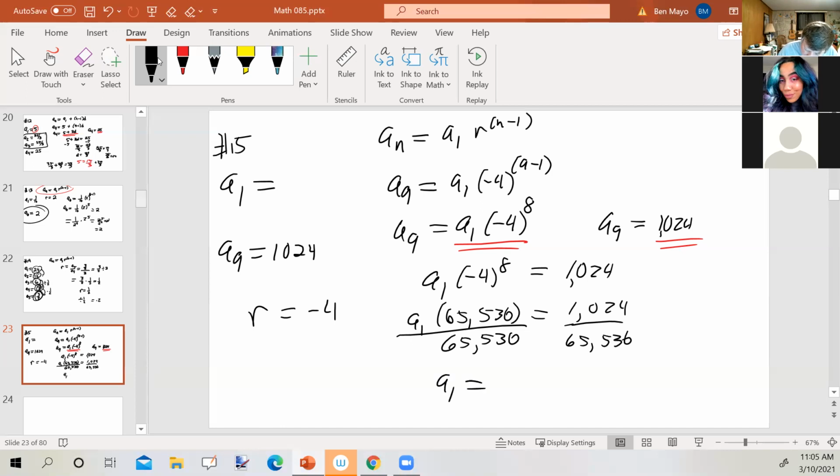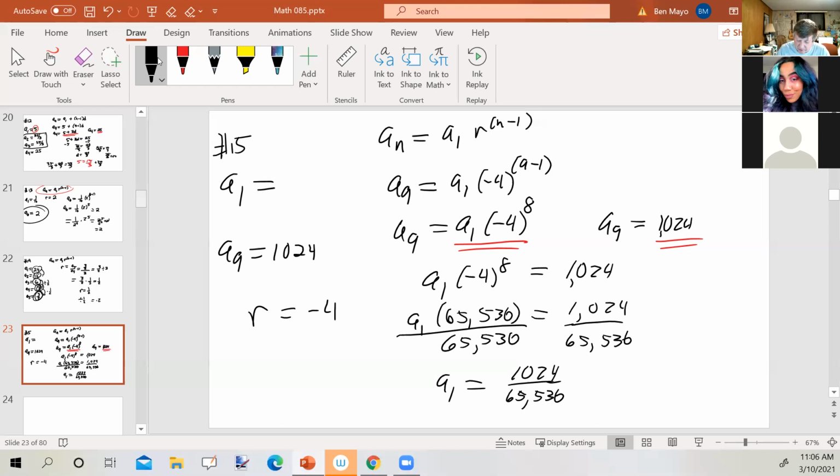So a sub 1 is 1024 over 65,536. Now, if I punch that into my calculator and I go 1024 divided by 65,536, I get 0.015625.